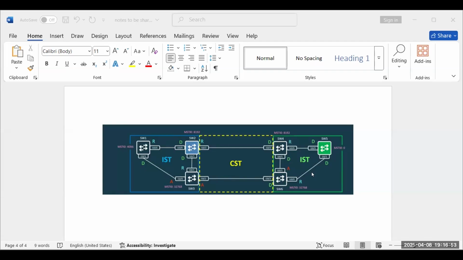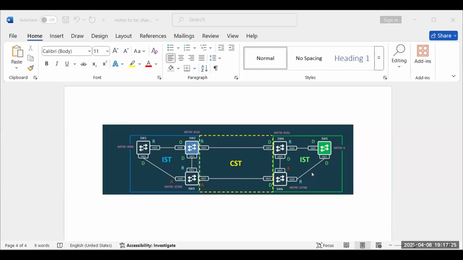So the exit interface to the regional root switch will be elected as the root bridge for this particular region.